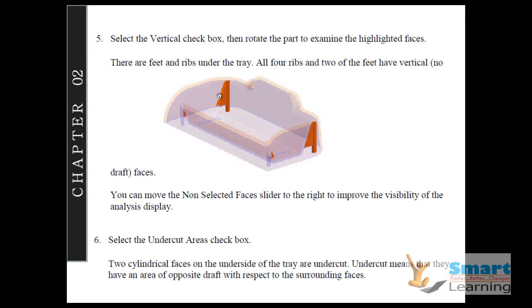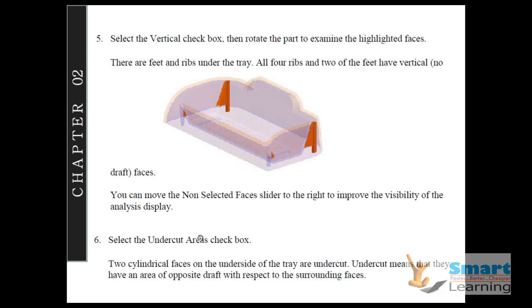If you see the vertical checkbox, these areas which I have shown are displayed, and you examine the highlighted faces. The different ribs and undercuts which I have are categorically shown here with no draft, and you can select the faces and improve the visibility as I told you in the analysis display.